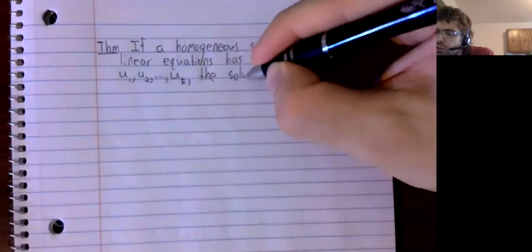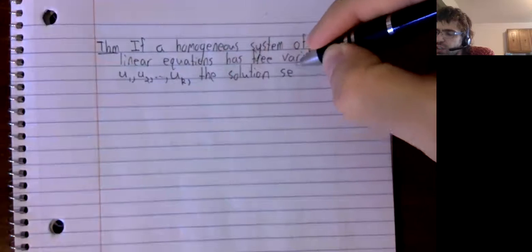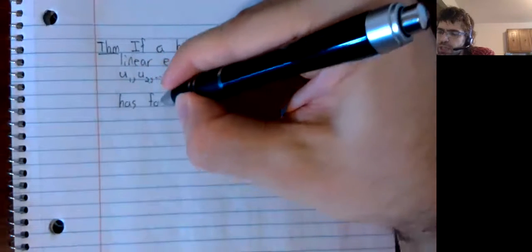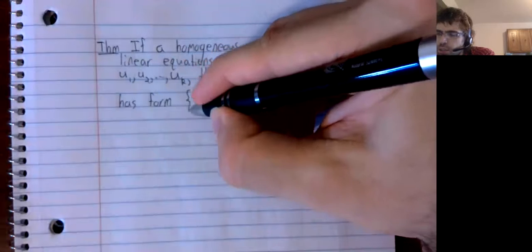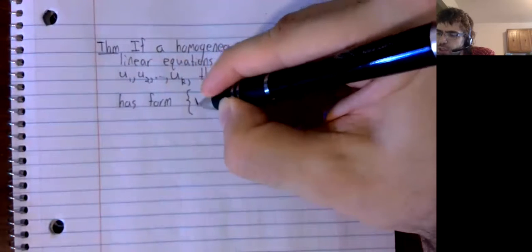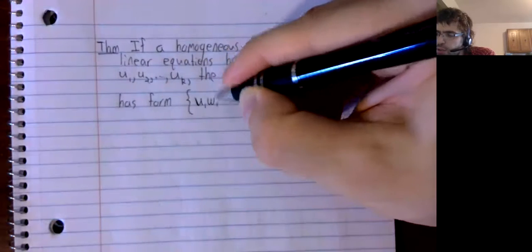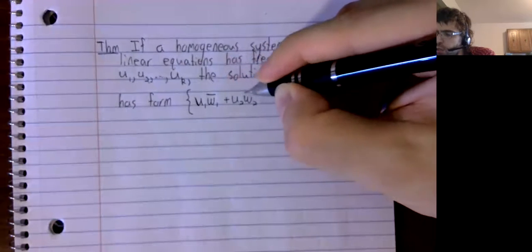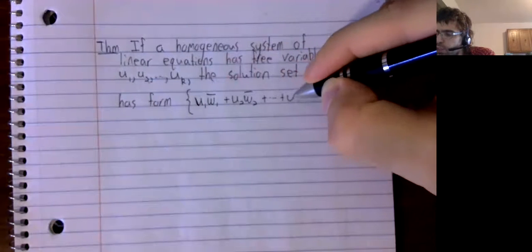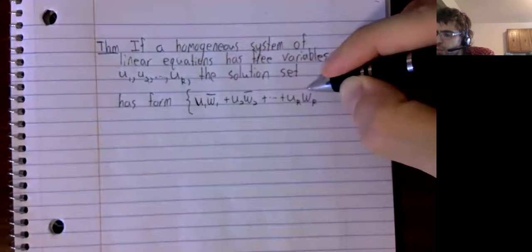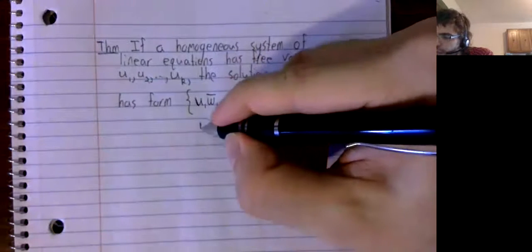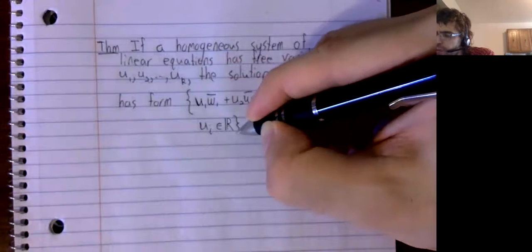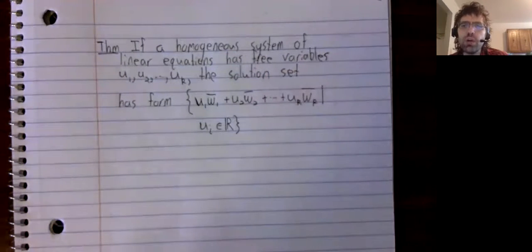then the solution set of the system has the form u1 w1 plus u2 w2 up to uk wk, where these u's are all running over the set of real numbers.